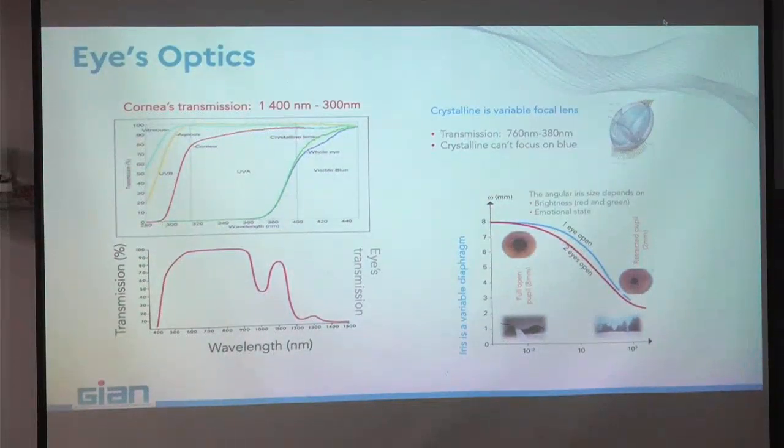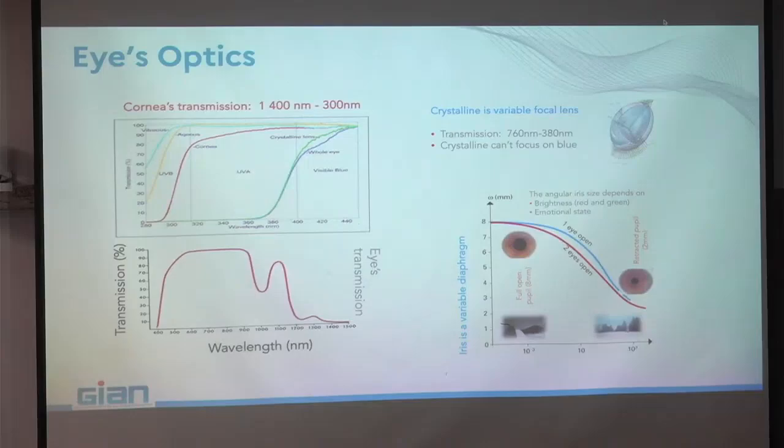And when you are in the dark, it opens. But not only that: look carefully at a cat, or even a bigger cat, when they start attacking, immediately the iris opens to let more light penetrate the eye.